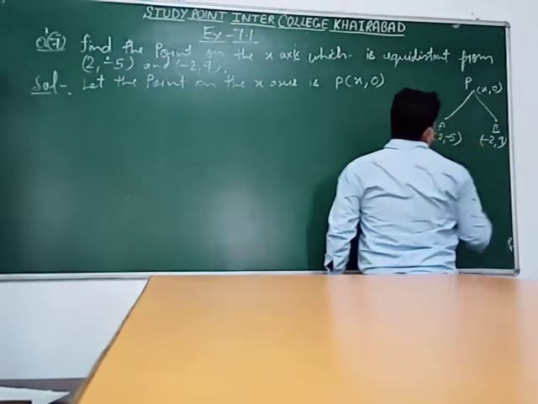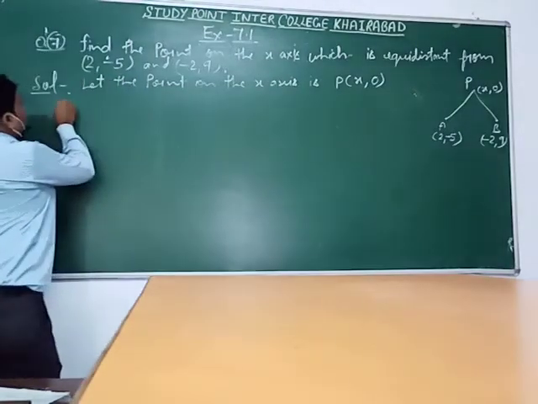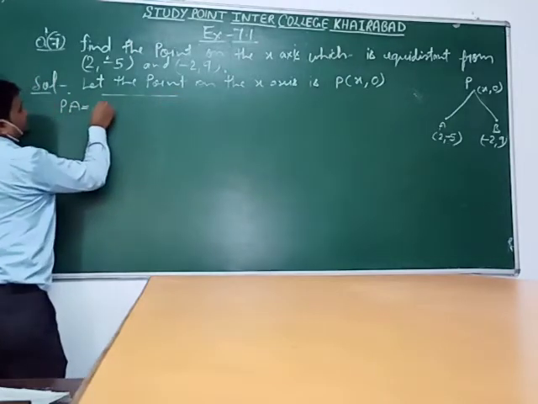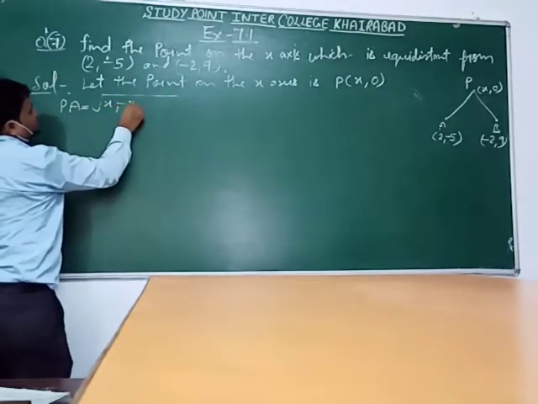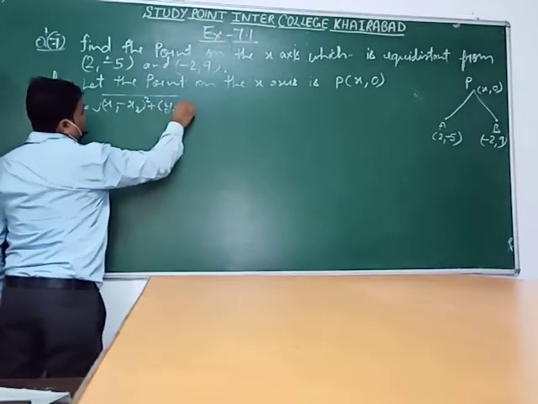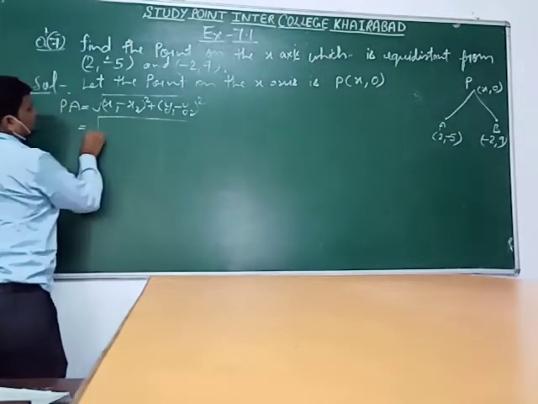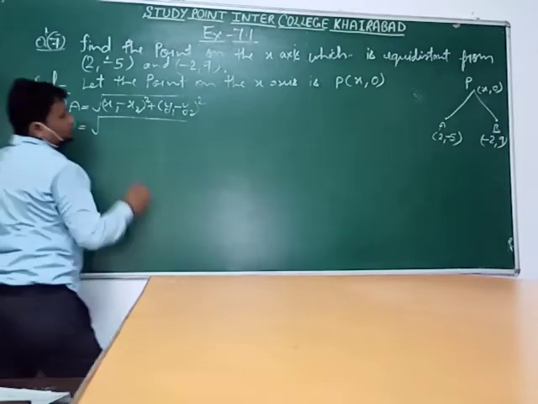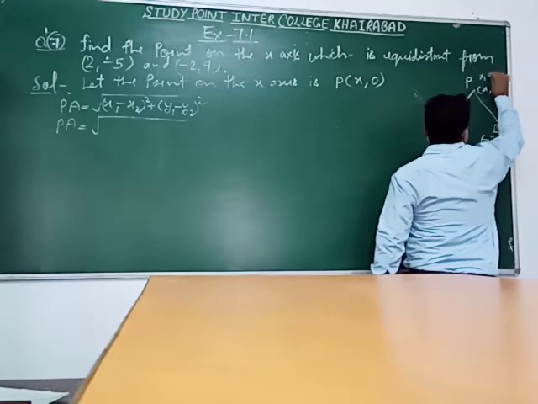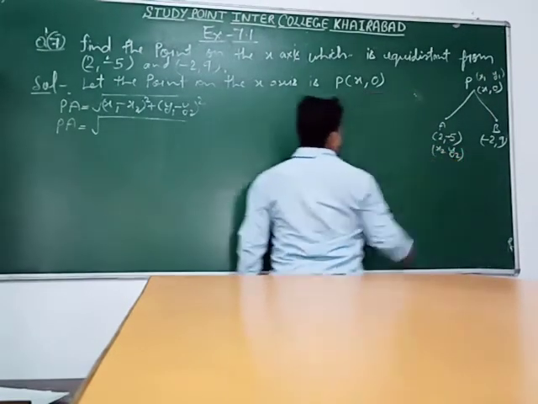PA equals PB. So first you will find PA. PA equals the square root of (x1 minus x2) whole square plus (y1 minus y2) whole square. Mark the points as x1, y1 and x2, y2.